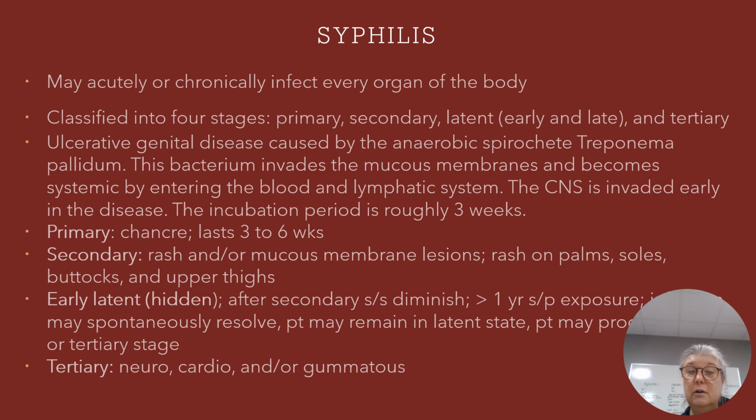Neurosyphilis, we talked about, it can be asymptomatic, but ultimately people end up going crazy with this if it progresses to this part. It's really crazy. Cardiovascular and gummatous, it just causes a lot of damage, right?